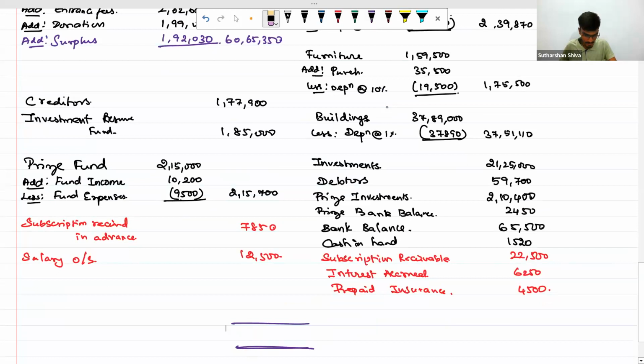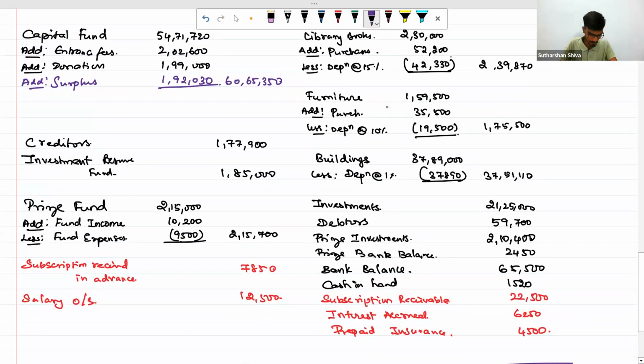It is 66 lakh 64,300. We'll just try to add on.